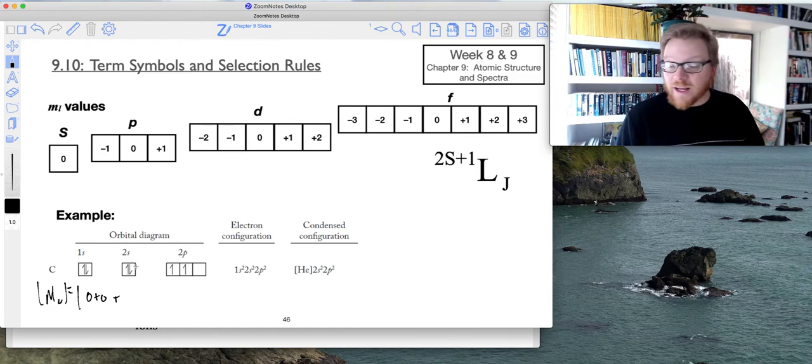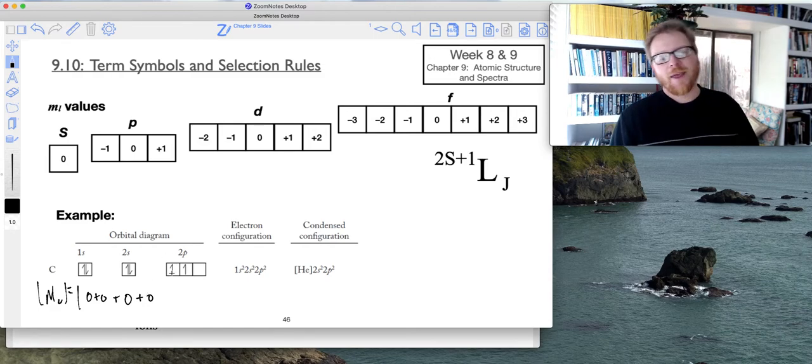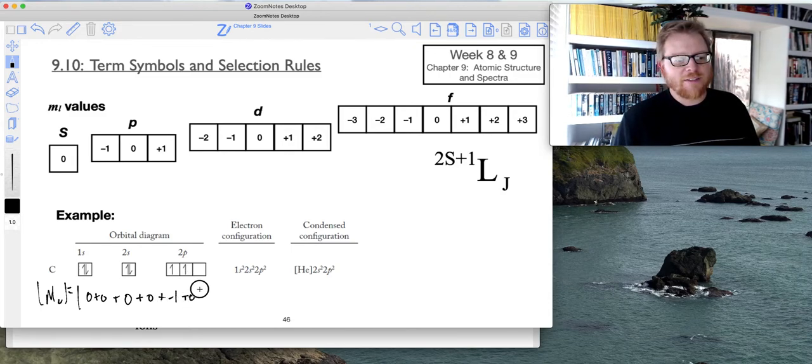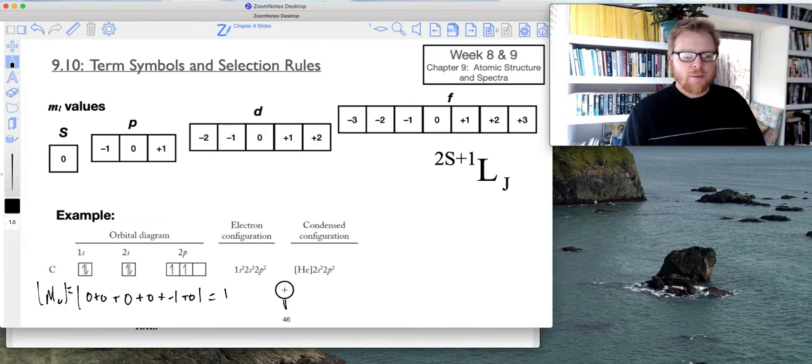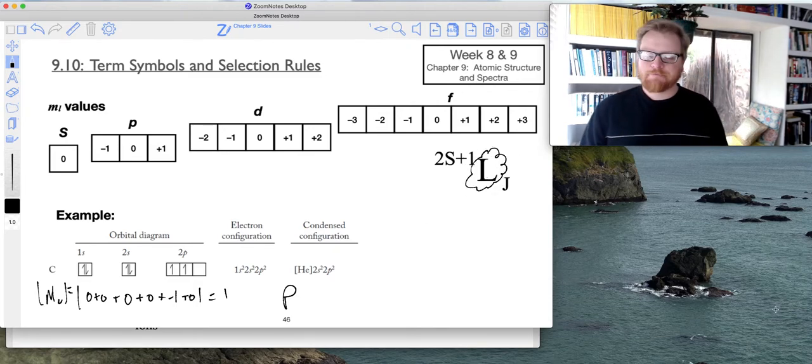And I've got 2 more S electrons in this 2s block, which is another 0 plus another 0. And then finally, here's my 2p. I remember that was -1 and 0. So that's plus -1 plus 0. And of course, all of that just equals 1, which was our main P term right here, right? So we're just going to use the letter P.